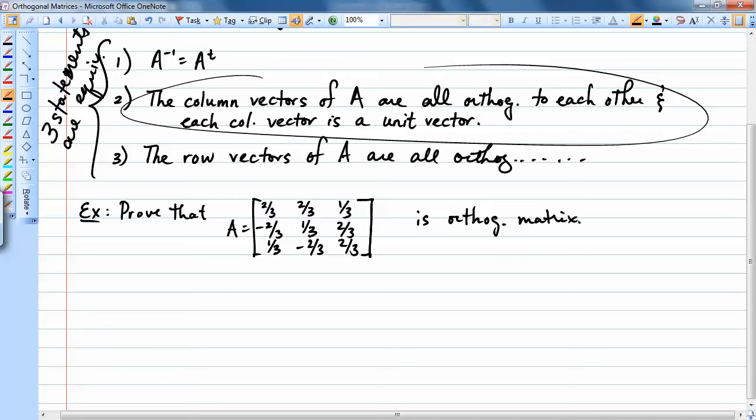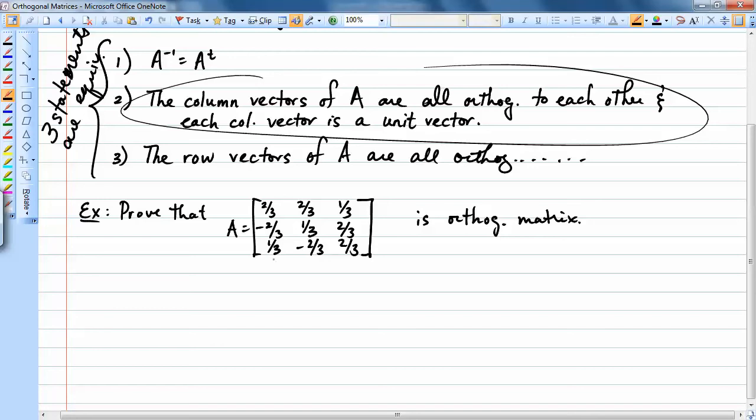You could prove it two ways. You could go for the inverse and then show that that's the same thing as the transpose. But what I'm going to do is aim for number 2: the column vectors are all orthogonal to each other and every column vector is a unit vector.